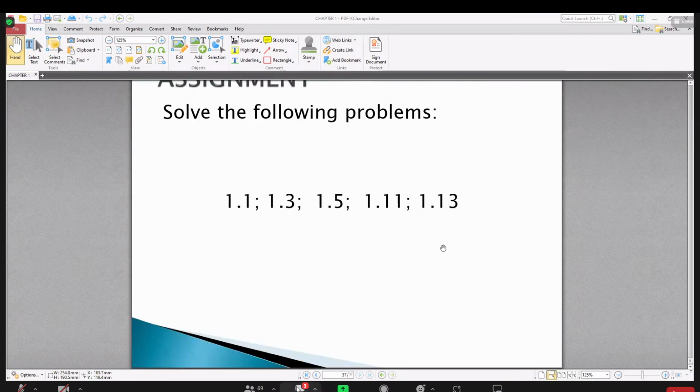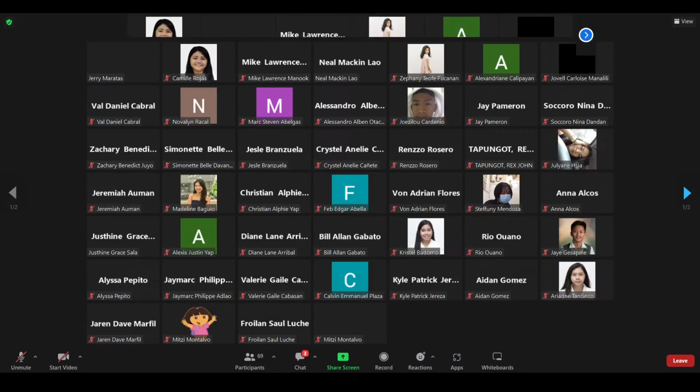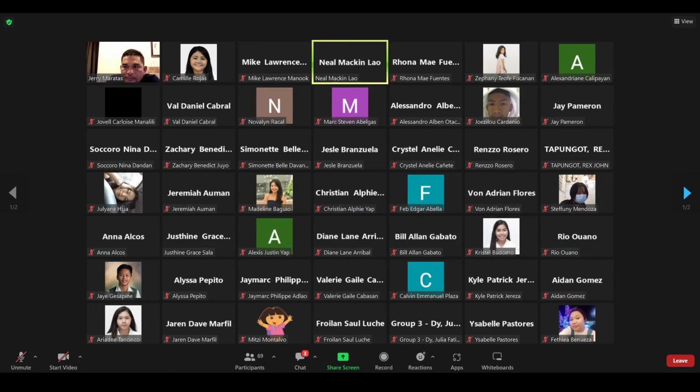Pwede mo clarify, sir? Yes. Ikaw, Lanil. Sige po. Sir, pwede mo clarify, sir, sa assignment, sir, kaning 1.1.3. Kaning third question man good, sir, kay sa 1.1 sa assignment kay niya na siya nga use the partitioning method and the method of removing rows and columns to solve.